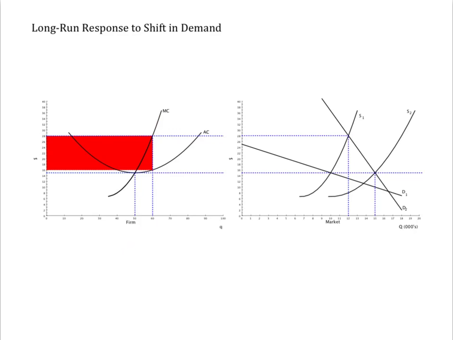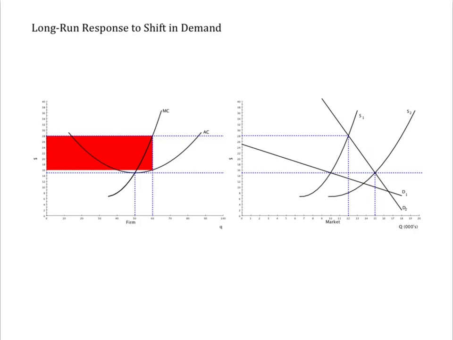But at this point, price is greater than average cost, so each firm earns profits equal to the red rectangle. This in turn attracts entry, shifting the short-run supply curve from S1 to S2 and driving price back down to its original level.